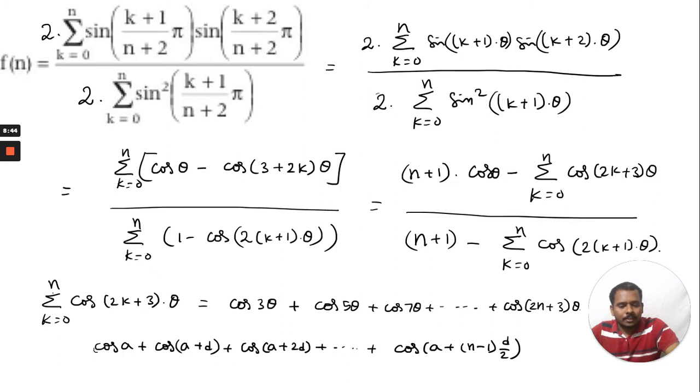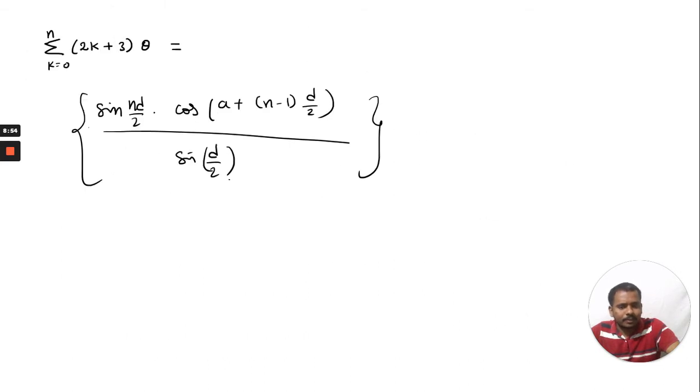So what is our a here? Just by comparing cos a and cos 3 theta, a is 3 theta and d is 2 theta. So here a is 3 theta, d is 2 theta and n is n plus 1. We have n plus 1 terms in this.